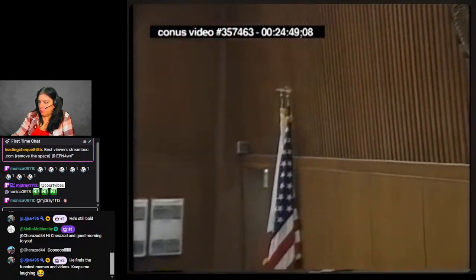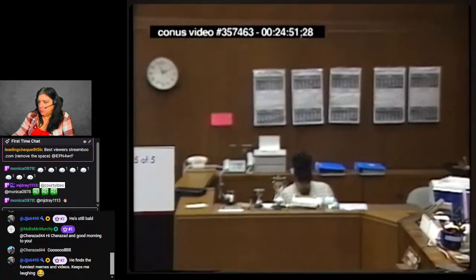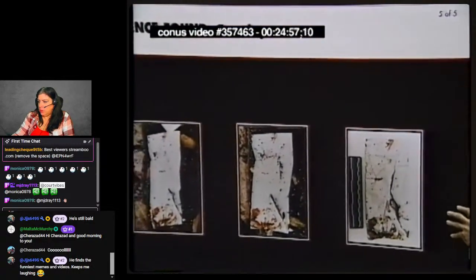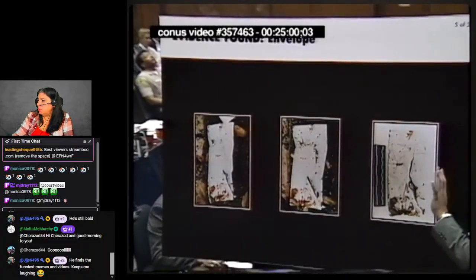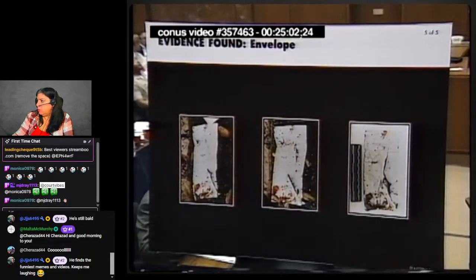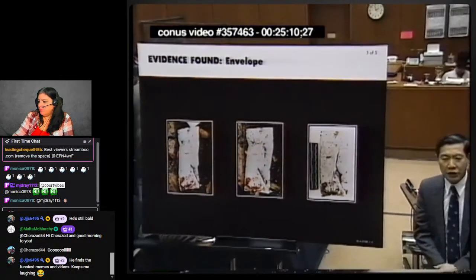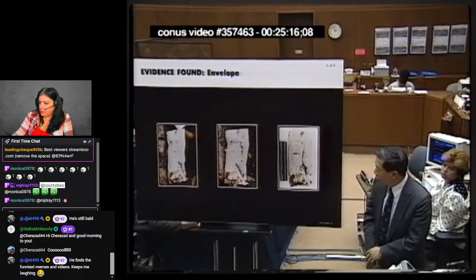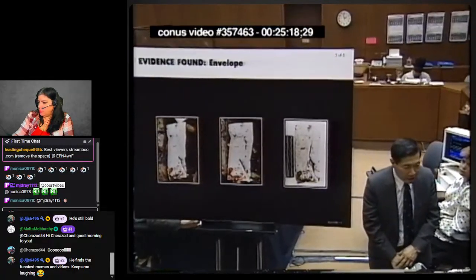Your Honor, this is 1349, and it's entitled Evidence Found Envelope. All right, thank you. And Dr. Lee, could you please explain what these three pictures show? These three pictures depict the same envelope. These three pictures were taken at different points in time.